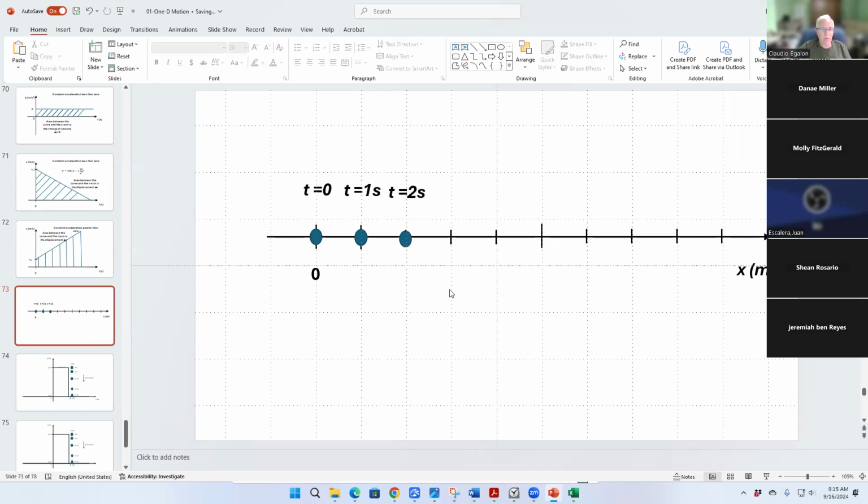Let's say here is 2 seconds. So you can see all the dashes there in the graph. I'll put t equal to 1 second below. Do you recognize this type of motion? Here's going to be 3 seconds, 4 seconds, 5 seconds and so on.